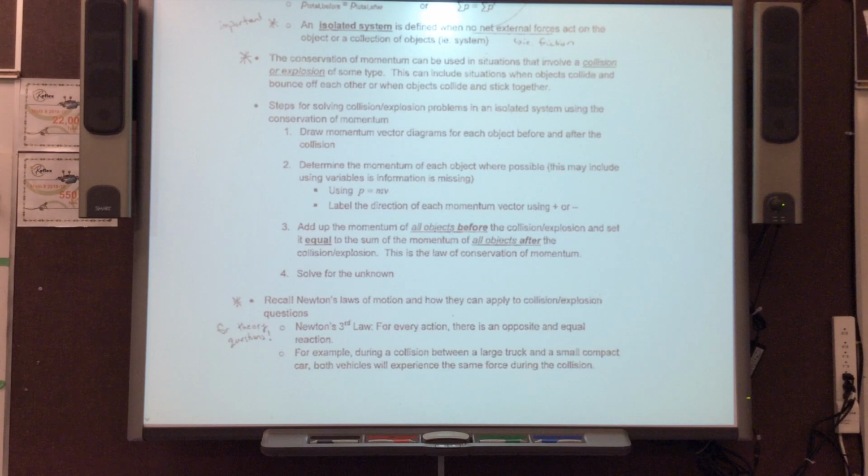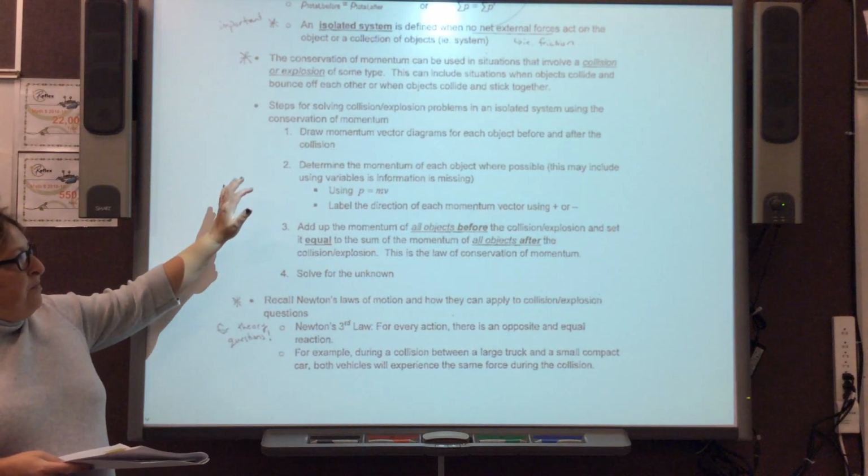So A goes this way, and B switches direction that way, or whichever, and then you would write P after. It's really important that you do this diagramming. Could B still be rolling? It could still be going there depending on the variables that we're going to look at, absolutely. But just to show you that there's a distinction between the two.